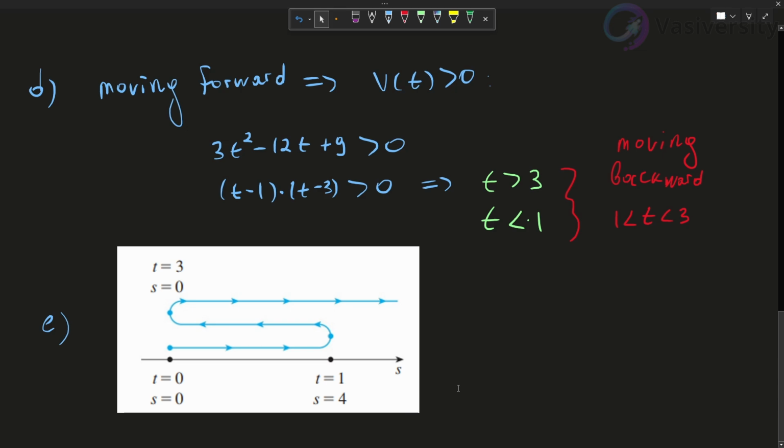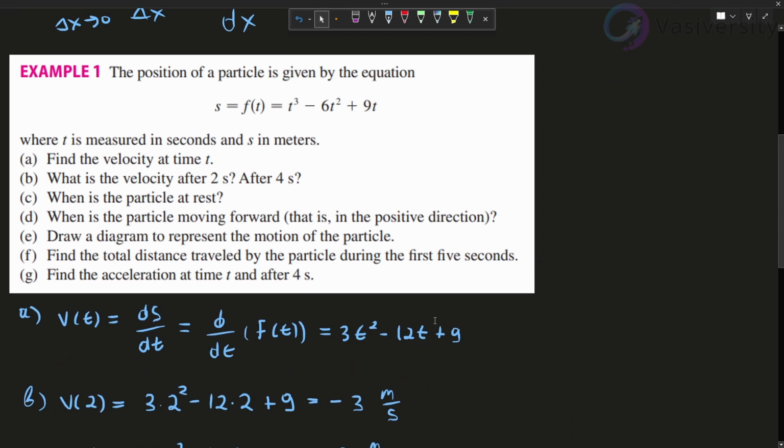Perfect. So that would be a representation. Using the information from part D, we can show the motion of the particle back and forth along a straight line. Okay. Then part F.